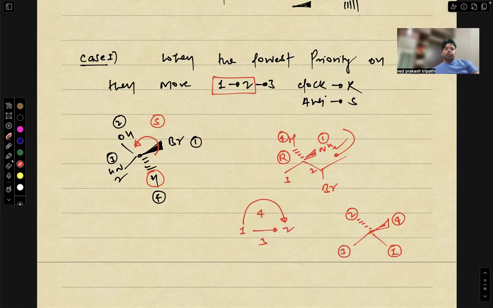Okay, it doesn't matter what's my lowest one. Suppose you can keep this one on the wedge, this one on the dash, like this.